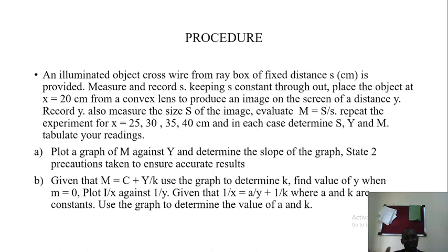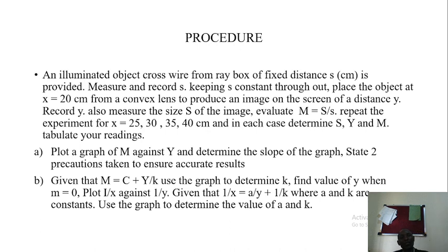We are using the X and the Y to get a sharp image of the object on the screen, which is now denoted as our capital S. The object distance is our small s. Of course, when that is done, you get your image, your capital S, on the screen.